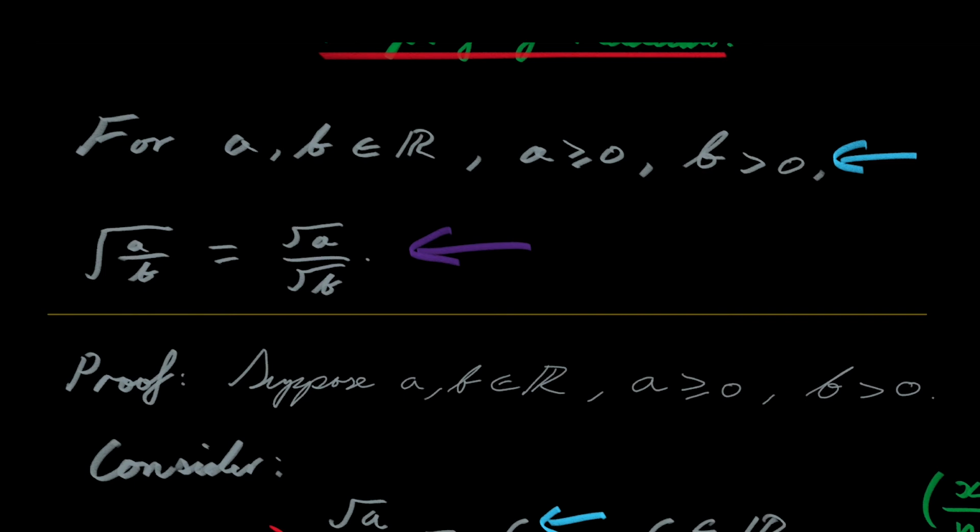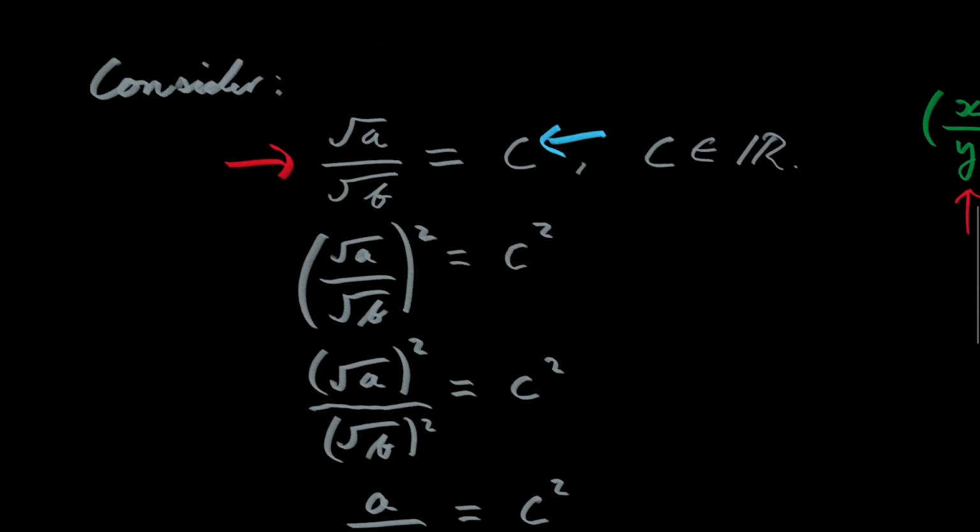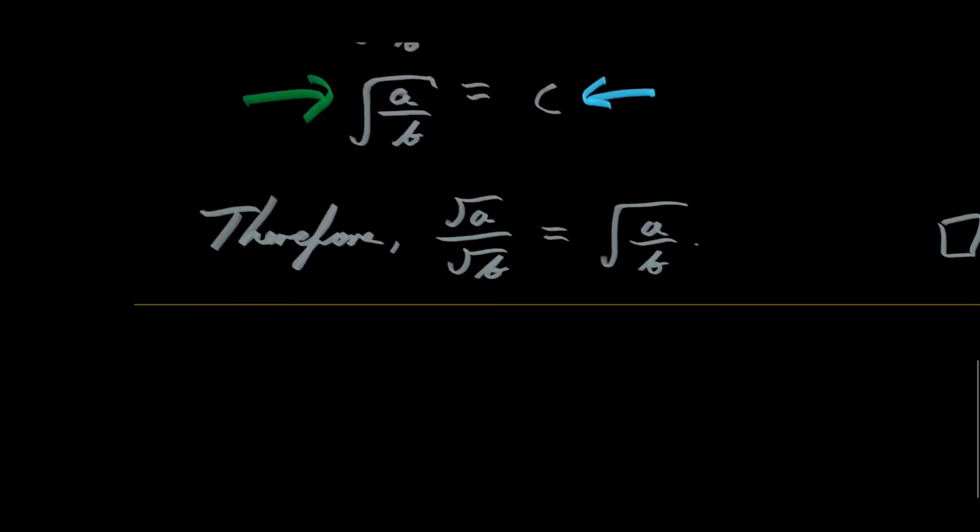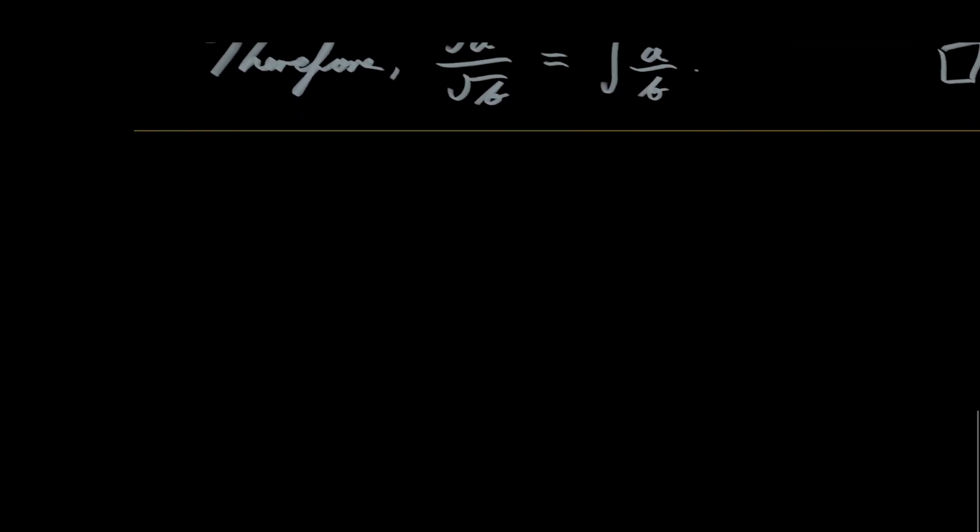Okay? Now I'm going to prove this property again, but this time I'm going to use the product property of radicals to prove the quotient property of radicals. So I'll write the product property here in blue, product property of radicals.